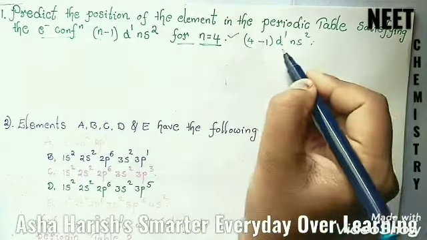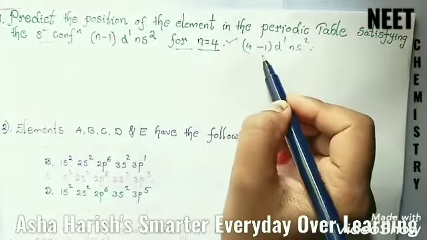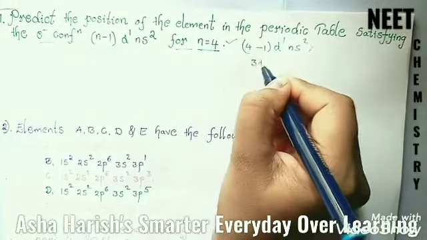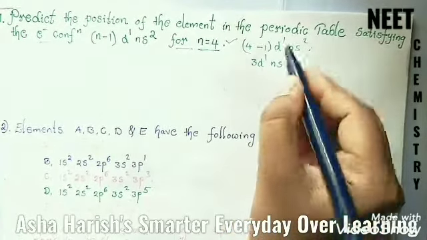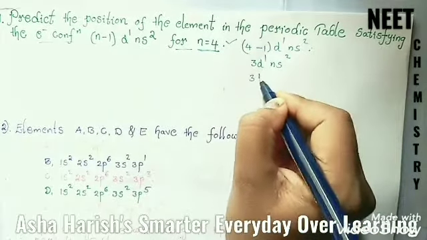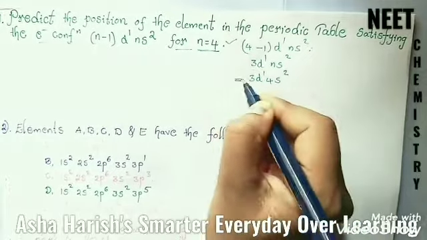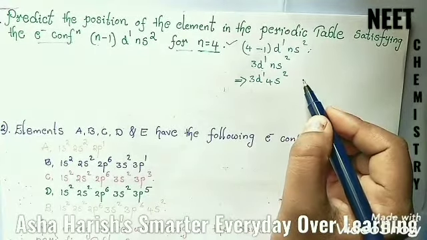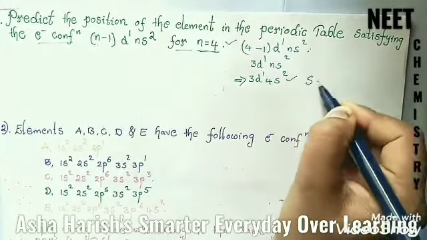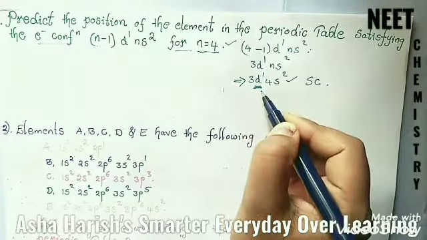Because 4 minus 1 is 3d1, and ns2 with n equal to 4 means 4s2. So the element corresponding to this configuration is scandium, which is d block.